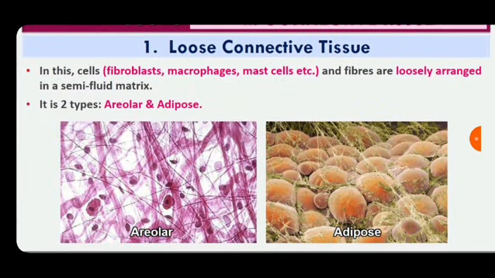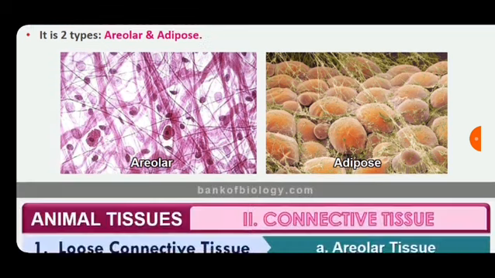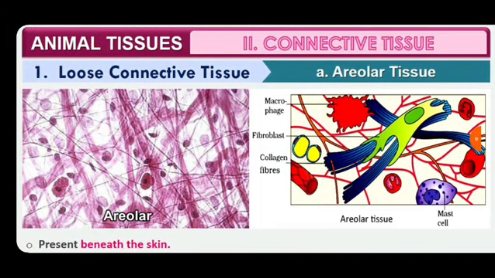Here the loose connective tissue, the areolar and the adipose connective tissue. This diagram shows the areolar connective tissue and the adipose connective tissue. The areolar connective tissue is made up of yellow fibers, white fibers, mast cells and macrophages, which show various functions.